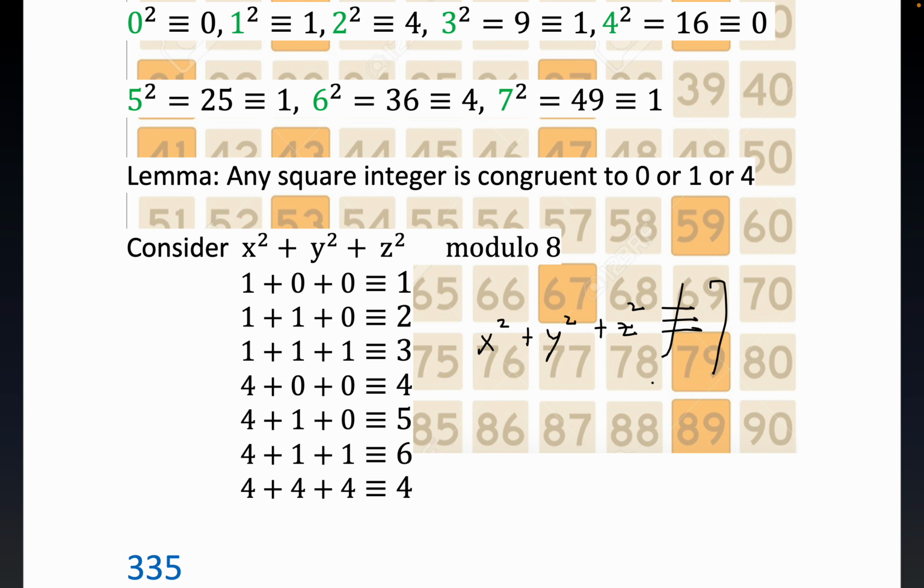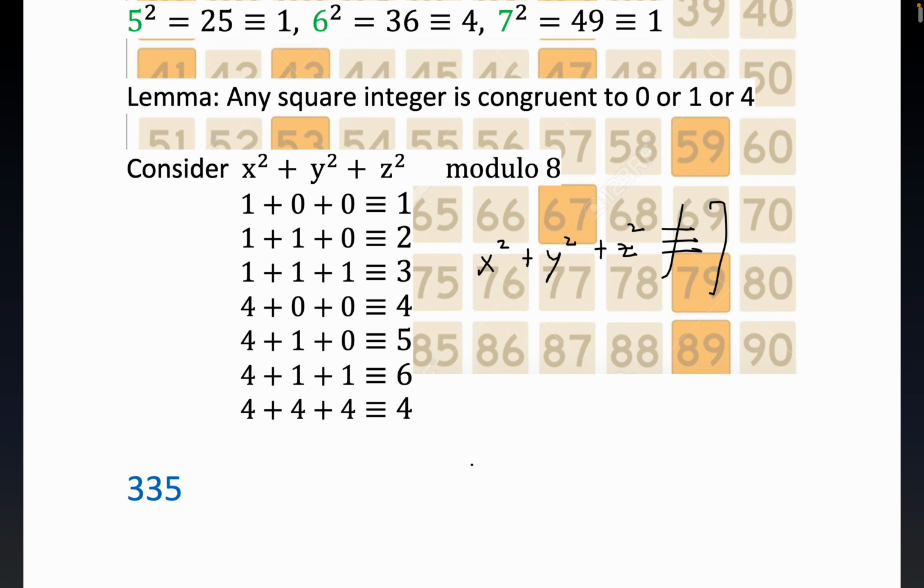We went through all the possibilities based on this lemma. The only remainders are 0, 1, and 4. When you add up all these combinations, and I may have left some out, 7 does not happen. So any number that leaves a remainder of 7 cannot be written as the sum of 3 squares.